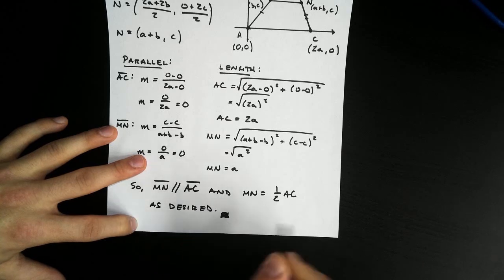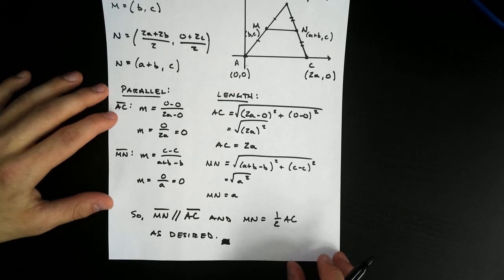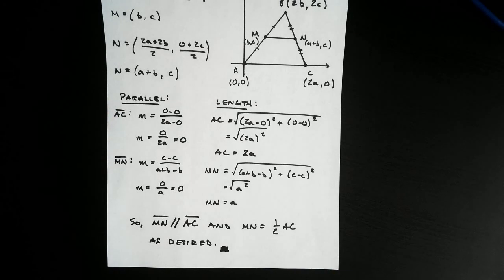And that was what we were trying to prove. So for any given triangle, the midsegment is half as long, and it is parallel to the corresponding side.